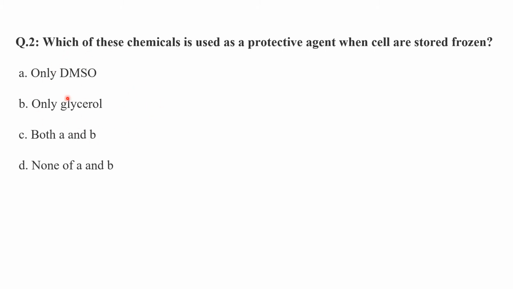If the cells are stored without DMSO and glycerol, ice crystals form in the cytoplasm of the cell and will damage the cell or break the cell membrane. DMSO and glycerol go inside and prevent the formation of these ice crystals. So they are the protective agents, or cryopreservatives, and the damage is prevented. After that, when we revive the cells, they will grow further.